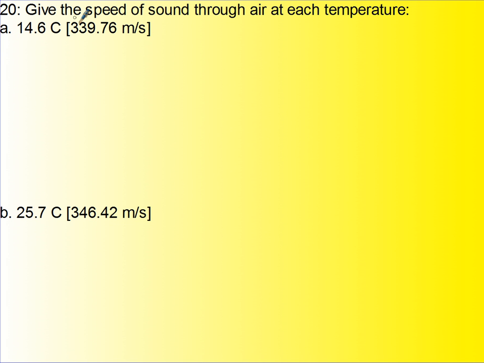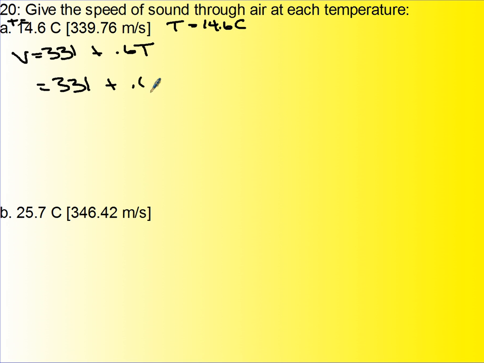Now, give the speed of sound through air at each temperature. I know V is 331 plus 0.6 T. In this case, T is 14.6. So this is 331 plus 0.6 times 14.6.